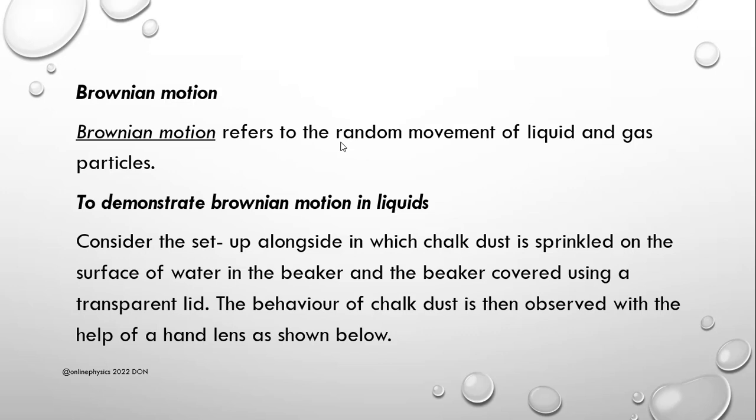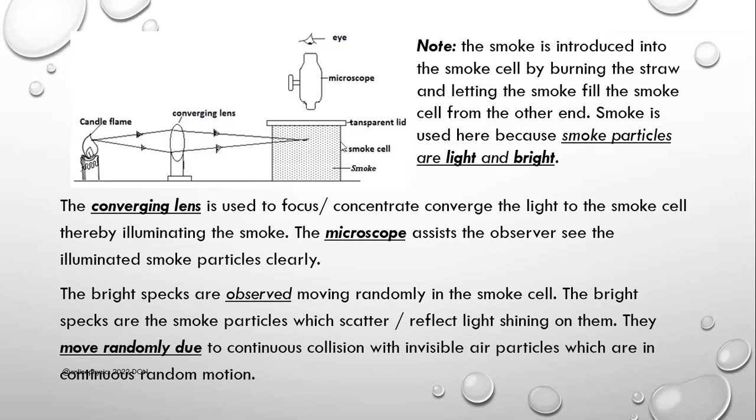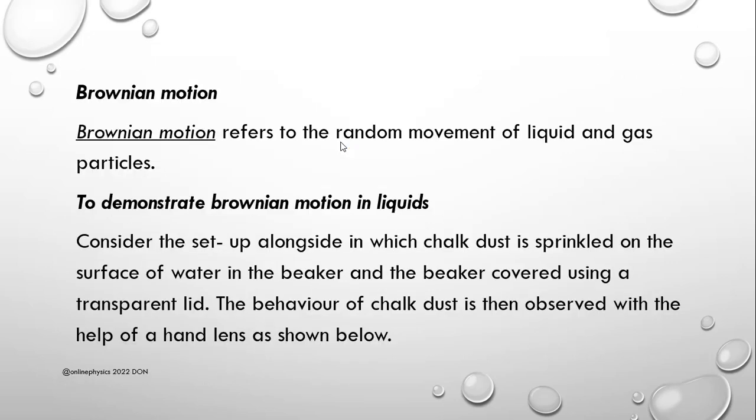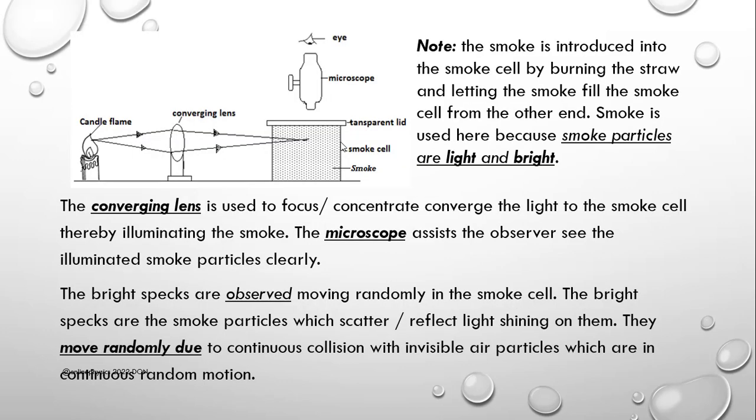This behavior of chalk dust is then observed with the help of a hand lens, as we can see in the figure. So that is for liquids. Then we have this other one for gases, Brownian motion for gases, and we are going to consider the smoke cell experiment.